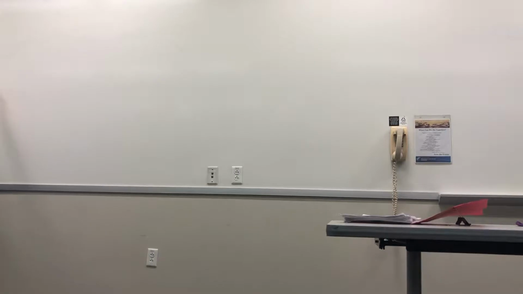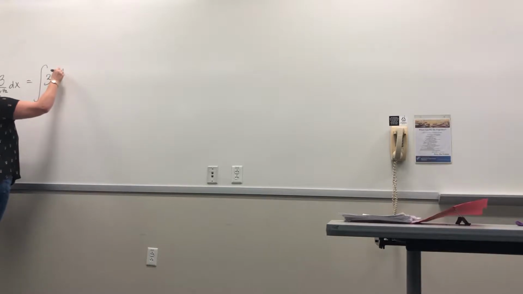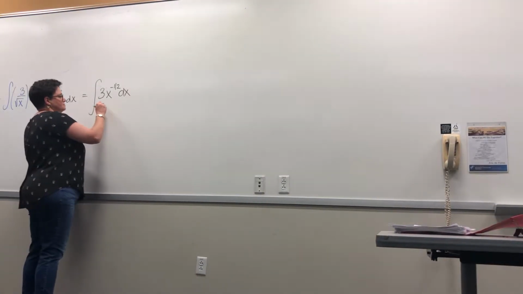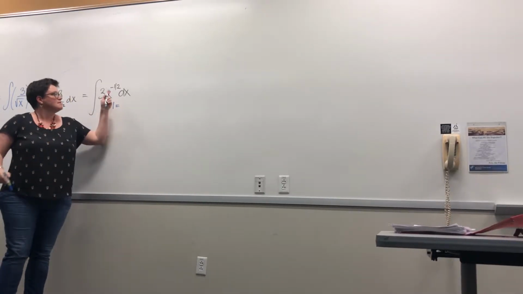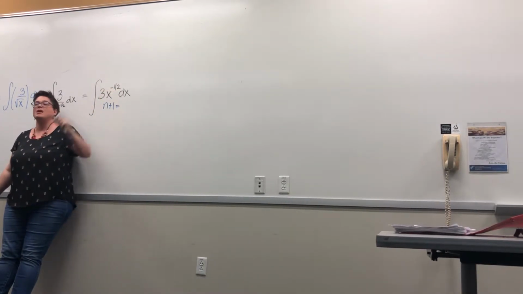Things get involved really fast. The integral of 3 over x to the 1/2 with respect to x equals the integral of 3x to the negative 1/2 with respect to x. What's your n now? You guys remember the cheat? We did top minus bottom.